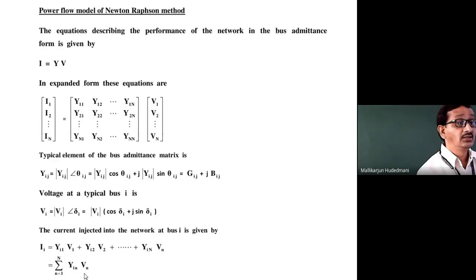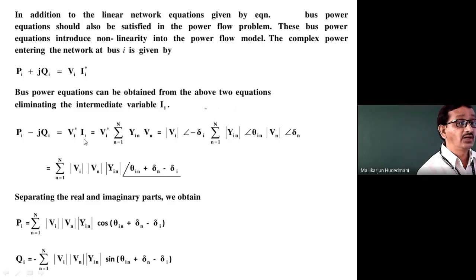So we can see that in the place of the current, whatever we have is replaced. Let us see how it is done. II is equal to summation n equal to 1 to last bus number YIN Vn.